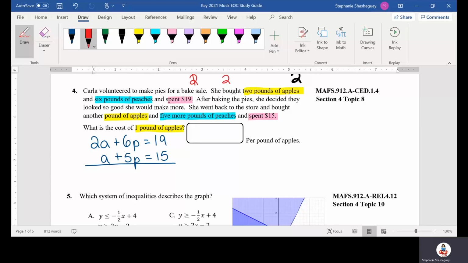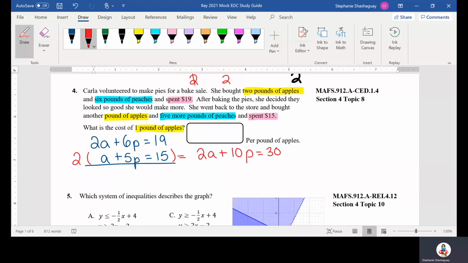And in order to use the elimination method, I'm going to have to multiply this second equation by 2. When I multiply the second equation by 2, I'm going to get 2a plus 10p, and that's going to equal 30.